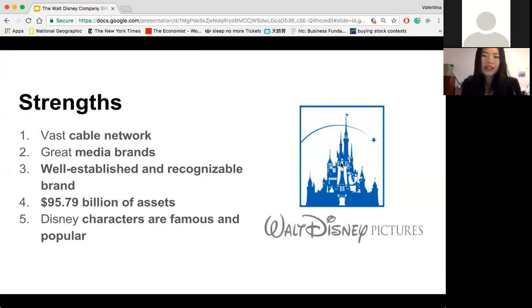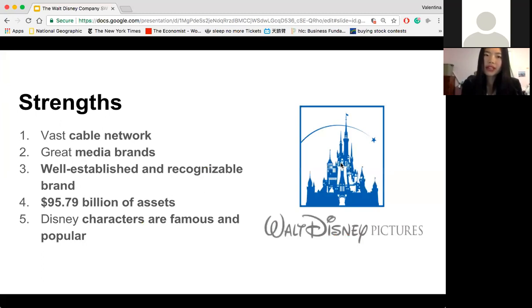It also has huge assets, about $95.79 billion. And Disney characters are very famous and popular among kids, and that's one of its strengths when it comes to advertising, if companies want to use Disney characters.